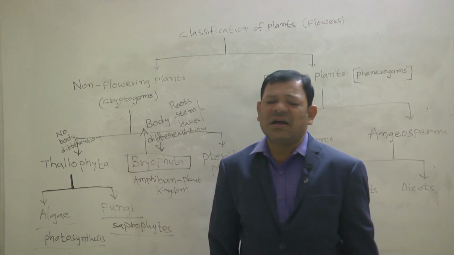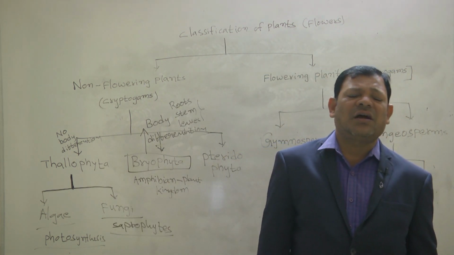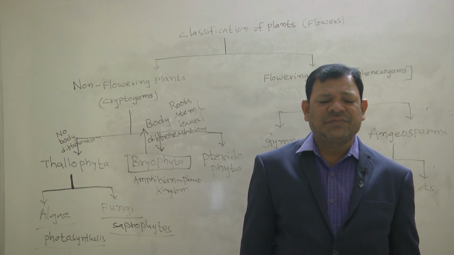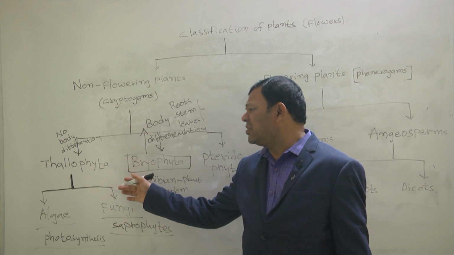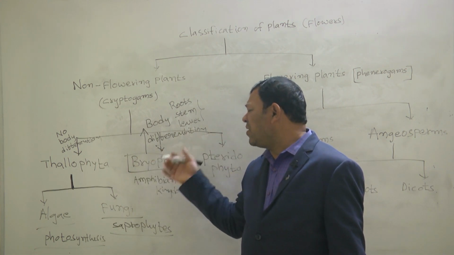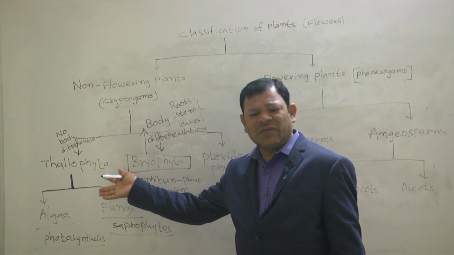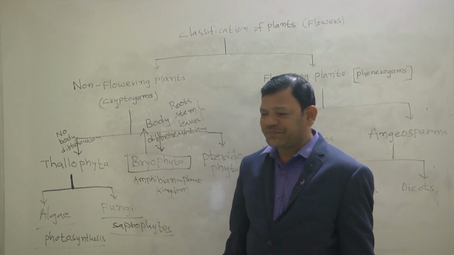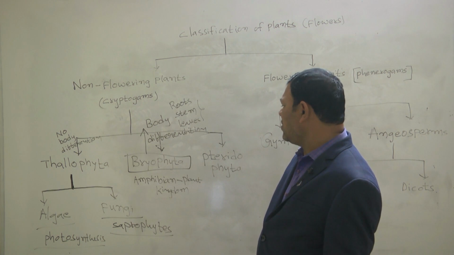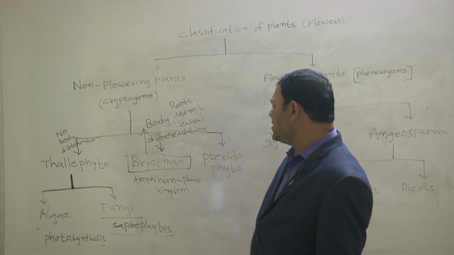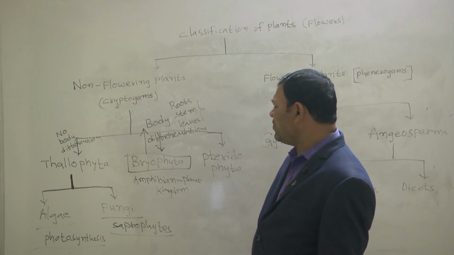Most of the Thallophyta are aquatic organisms. Bryophyta evolved from the Thallophyta. In Bryophyta we can see body differentiation, and they are the amphibians of the plant kingdom.